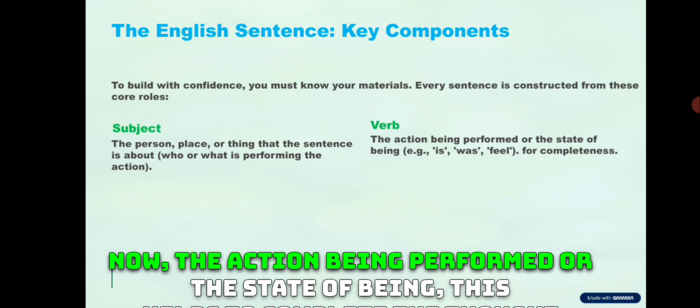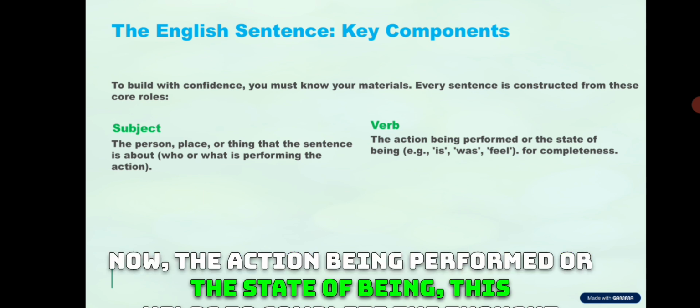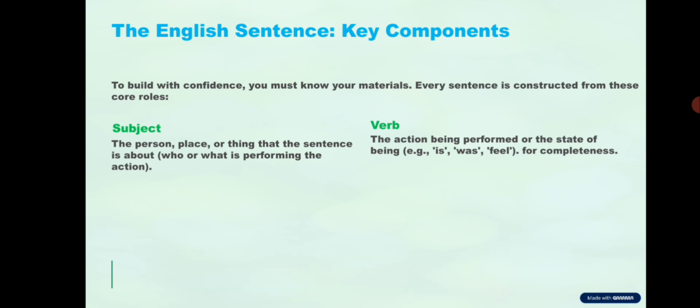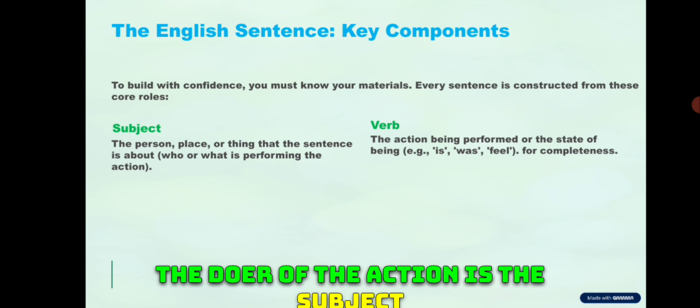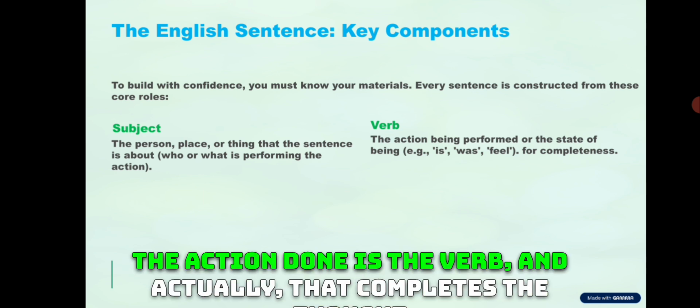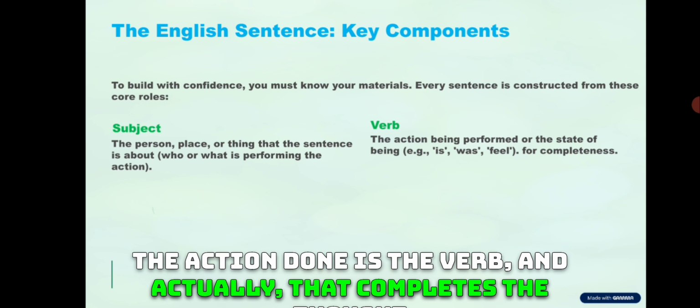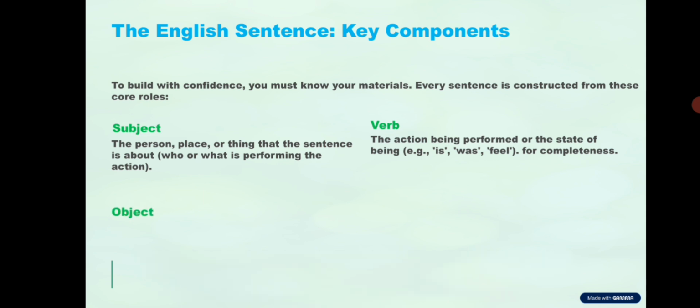The action being performed or the state of being. This helps to complete the thought. The doer of the action is the subject. The action done is the verb, and actually that completes the thought.